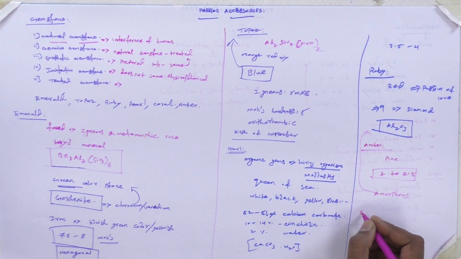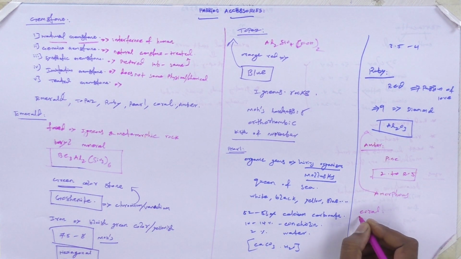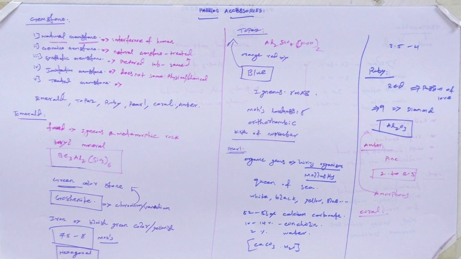And then the last stone is coral. Coral hardness value is 7 to 7.5. It is the garden of the sea. Its composition is also calcium carbonate. In the deep, nearly 500 feet below, small organisms develop this coral, only 1 to 2 millimeters per year.